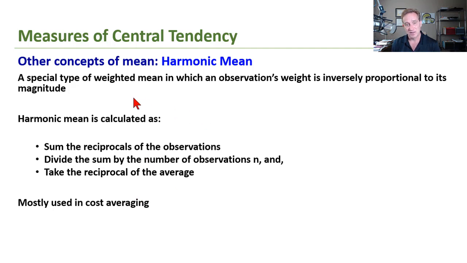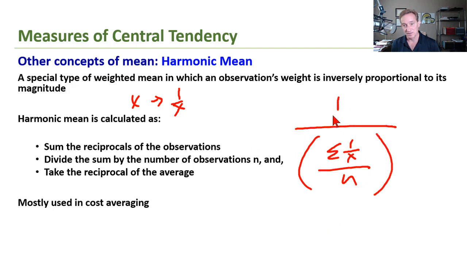Right, so if x is the value, its reciprocal is 1 over x. So summing the reciprocals is a summation of the 1 over x, I'm not worried about the subscript. We divide that by the number of observations, and then take the reciprocal of that, which is equivalent to, you can see, just n over the sum of the reciprocals.